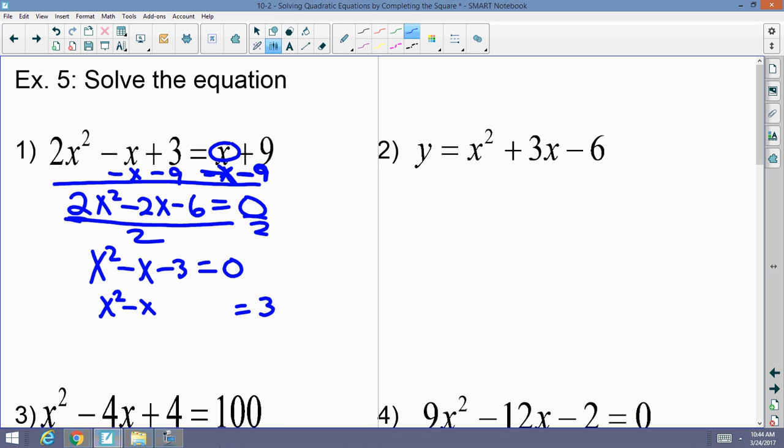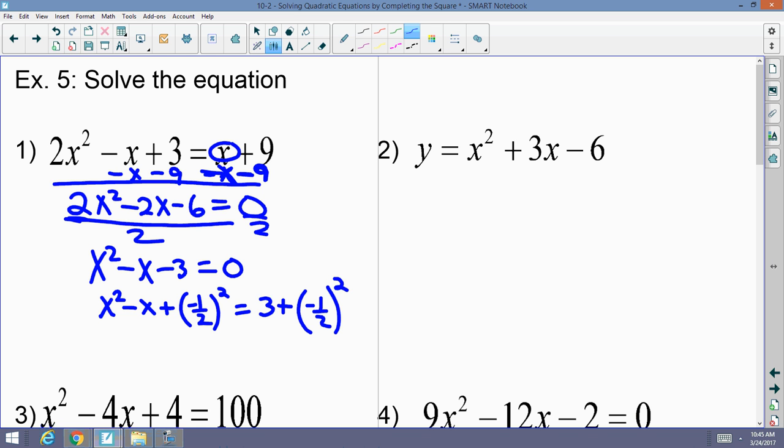Okay? Now, step 2, I'm going to add b over 2 squared to both sides. What's my b here, gentlemen? Negative 1. And what's b over 2? What's negative 1 over 2? Negative 1/2. And I'm adding that to both sides. Are you with me?